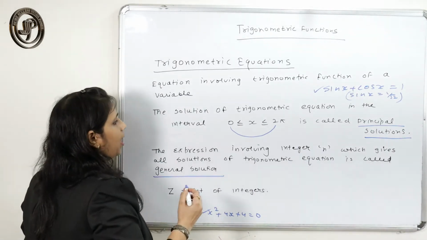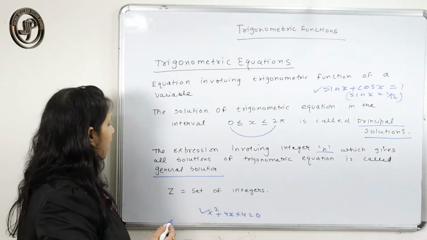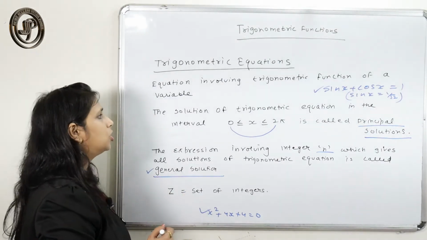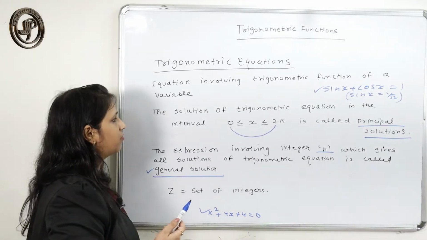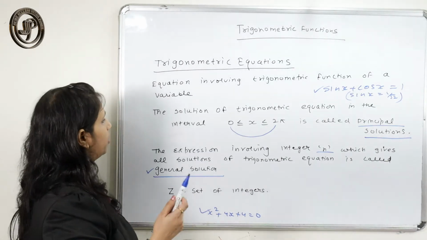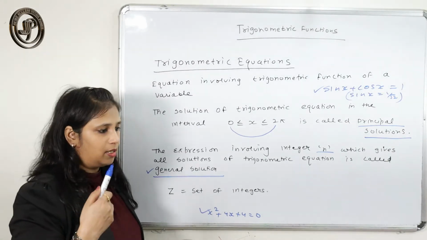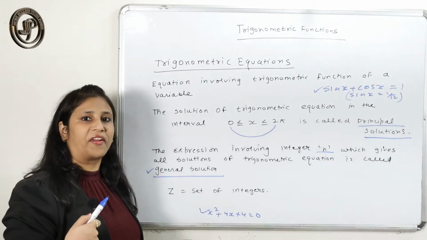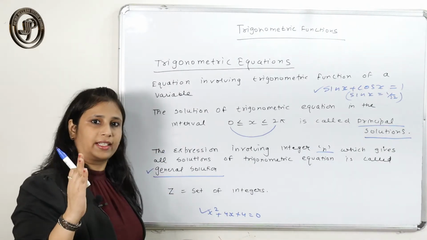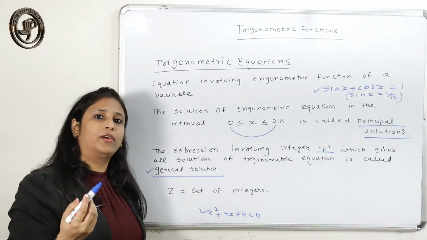Different values of x can be there, lying in the interval 2 pi, 4 pi or 6 pi, like that.